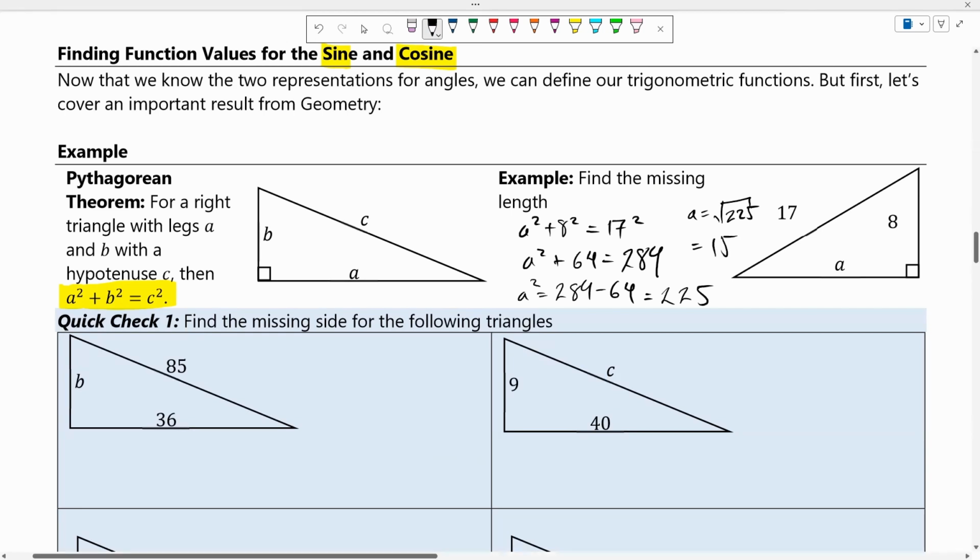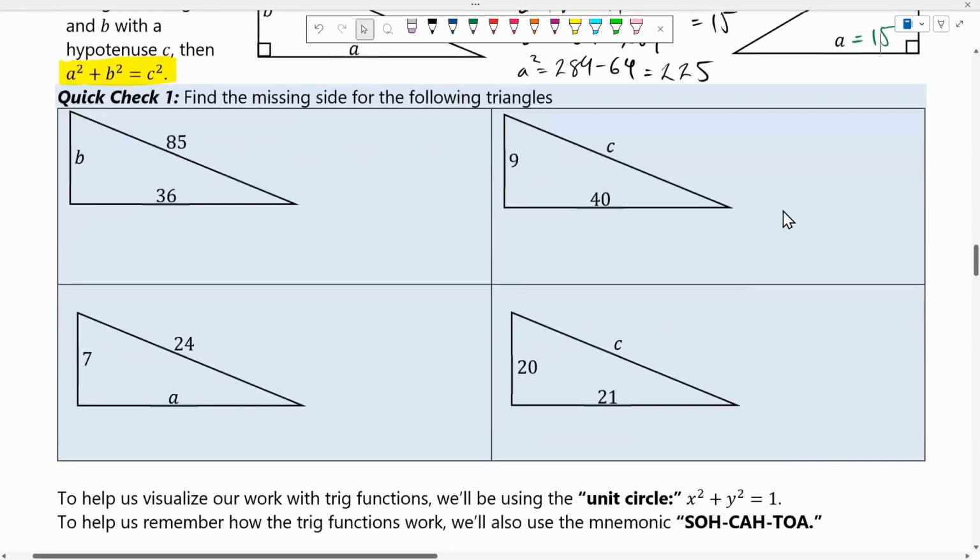So what we did was we found this missing length. This missing length is 15. I want you guys to practice on this. Find the missing length.